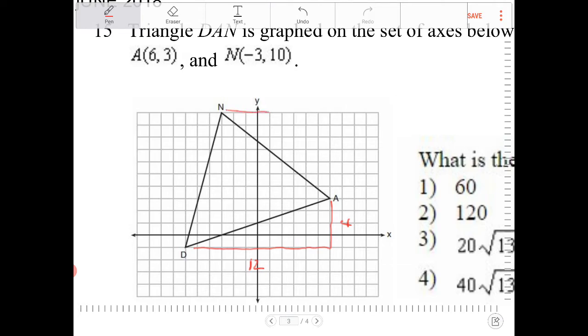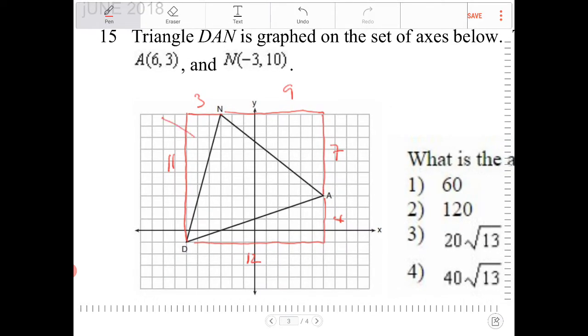So this is 9. This is 3. Oh, I should have just added 7 and 4 to get 11. I did not need to count there.